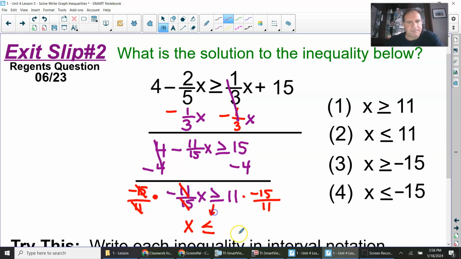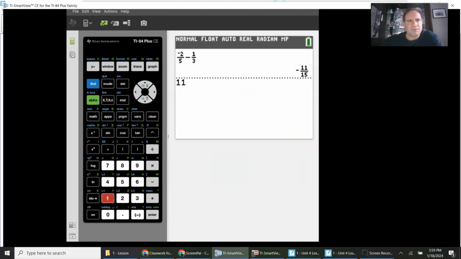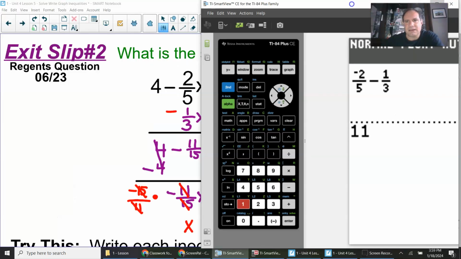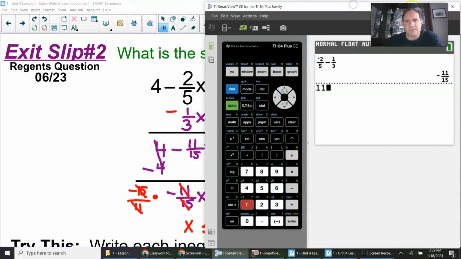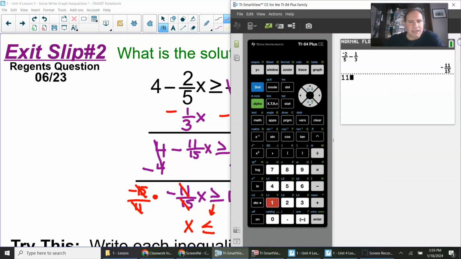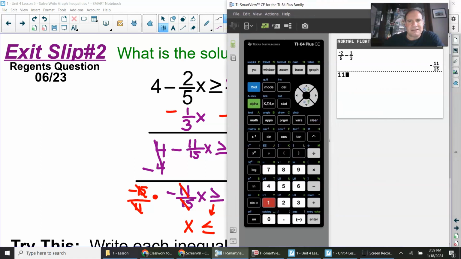This flips. Then I'm going to have 11 times 11. Let me say 11 over 11 times negative 15 over 11.